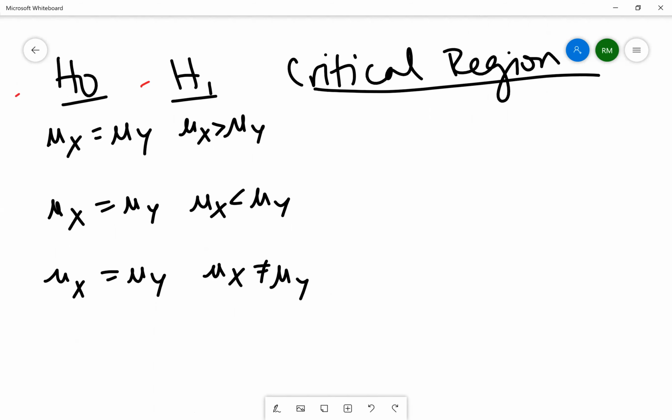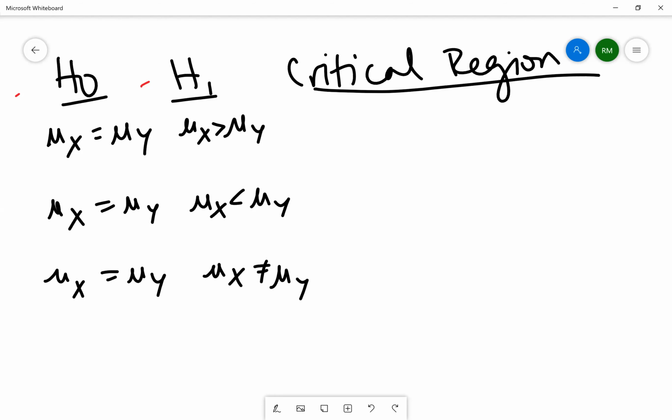Remember, the critical region is what would lead you to reject the null hypothesis in favor of the alternate hypothesis. So pause the video and go back to the other hypothesis tests we've done and to our confidence intervals for the difference of two means, and spend about 5 minutes and see if you can figure out what these critical regions are going to be. Then you can unpause the video and see if you were right.